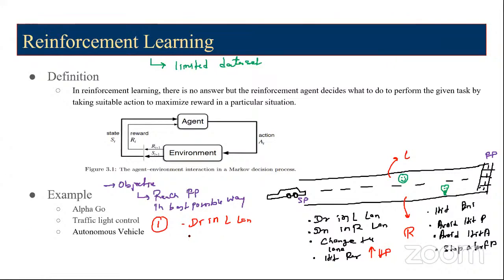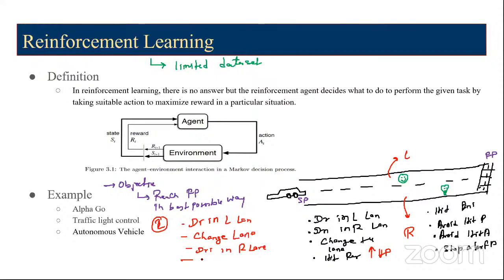Drive in left lane. The moment it sees the person, and we are talking about the second iteration, the model is aware that hitting a person is highly penalized, so it changes the lane. Now in the right lane, the action will be drive in right lane. Now you have an animal in the right lane, but the model is not aware if hitting an animal is rewarded or penalized.